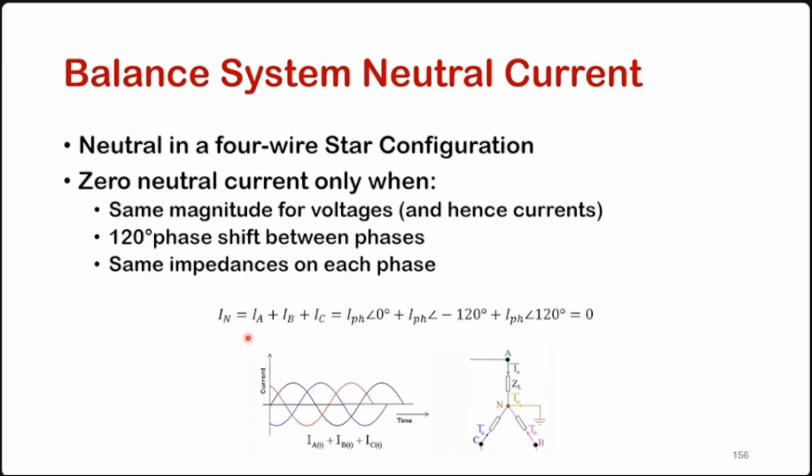So when you add up all your currents, noting your angle, you will get 0, right? You can just plug in a value. If you put 1 angle 0, 1 angle minus 120, 1 angle plus 120, you will get 0. So that's to prove the neutral current equals 0 for a balanced system, if they ask that question.